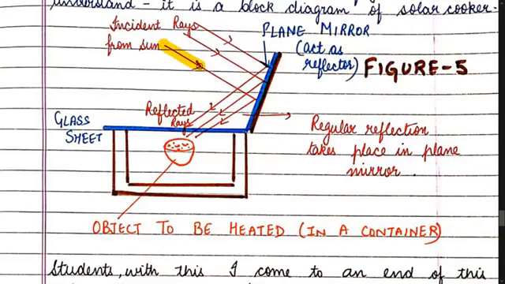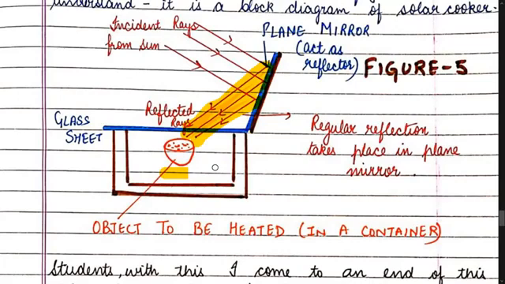So students, all the incident rays from the sun fall on the plane mirror, and after striking the surface of the plane mirror, all these incident rays go after reflection towards the object to be heated.